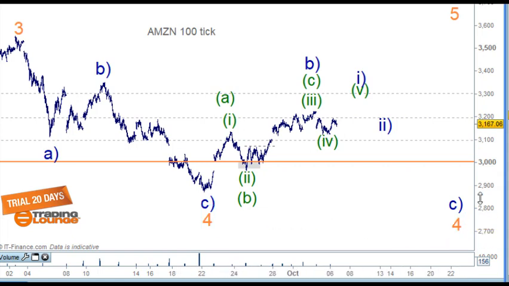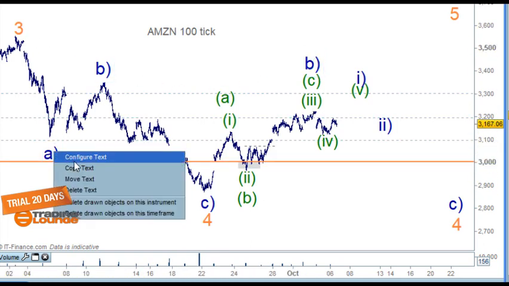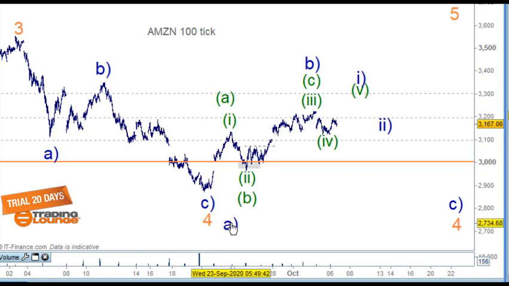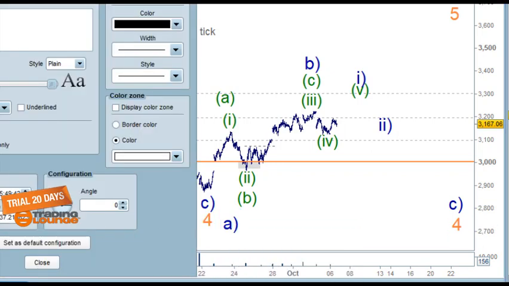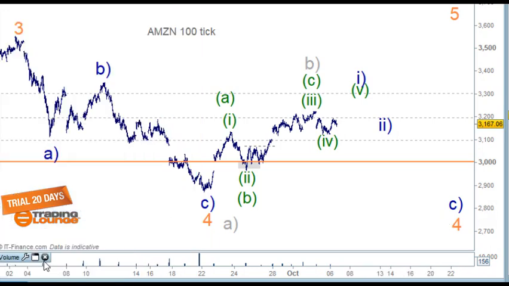If this wave 4 was really going to come into play, then the move up through here would be the A wave, the B wave, and the C wave for the B wave. So all of this down here would be the A wave. We'll dull that out, and we'll also dull this B wave out, and that will be fine at that point.